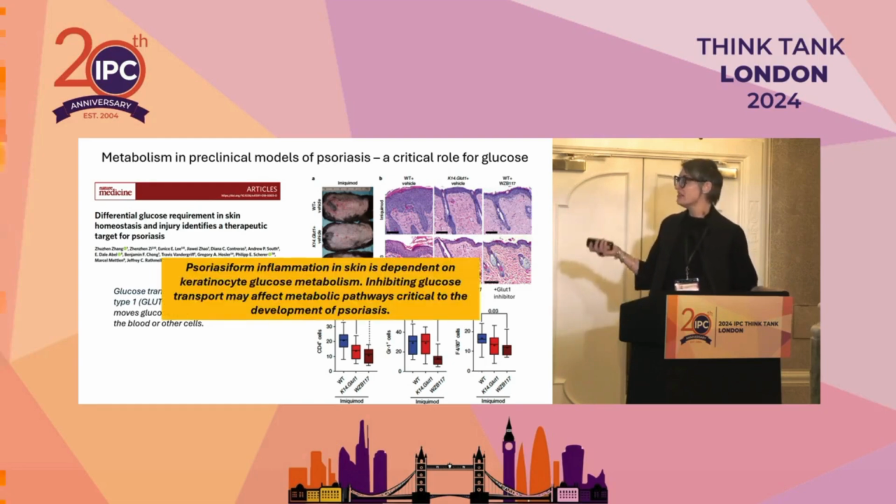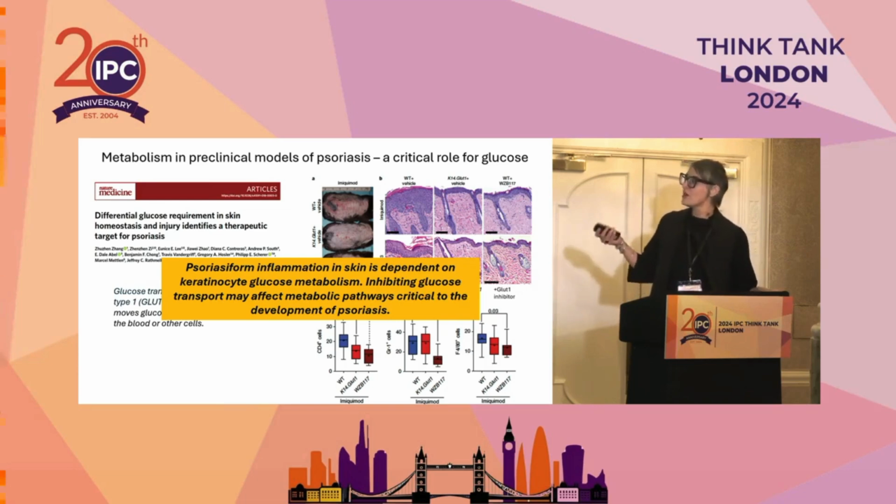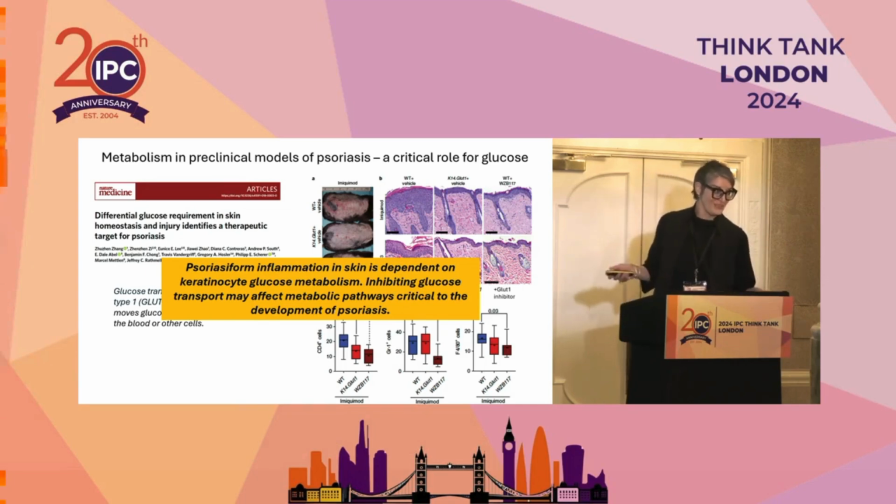So this suggests that skin inflammation occurs dependent on keratinocyte glucose metabolism, and that if you prevent a keratinocyte from having good glucose metabolism, you improve the disease. The authors suggested that maybe targeting glucose was a potential way for treating psoriasis. I'm not sure I agree with that, but it could work maybe if it was a topical.